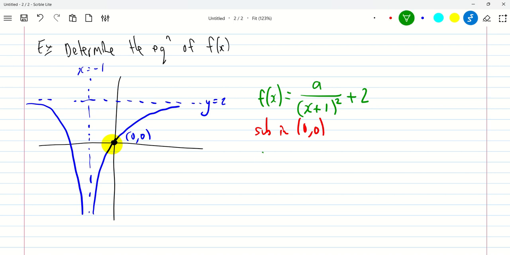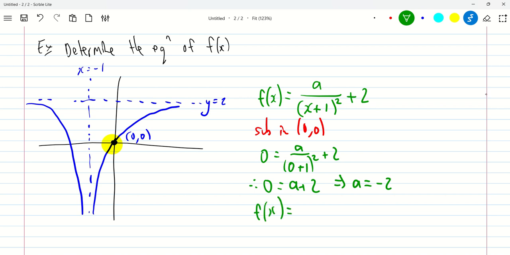We get 0 equals a over 0 plus 1 squared, plus 2. Sort it out: 0 equals a over 1 squared, so it's just a plus 2. Therefore, a is equal to negative 2. Therefore, my equation is negative 2 over x plus 1 squared, plus 2.